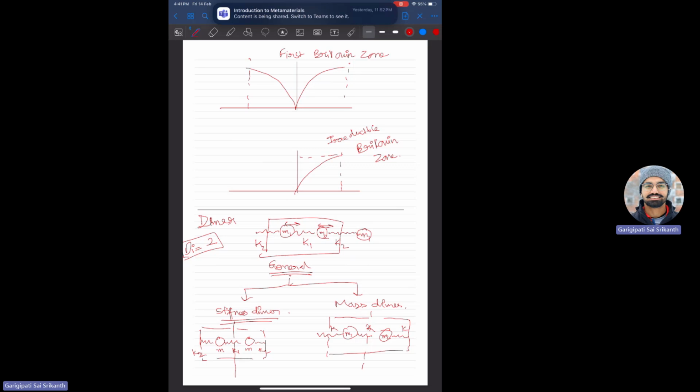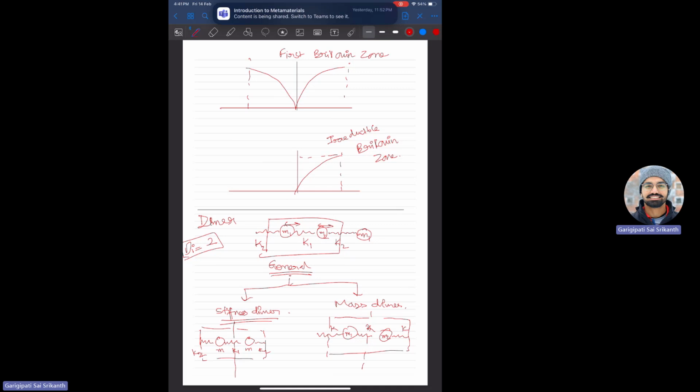And further, we say that there seems to be some mirror symmetry along this line. What that indicates is that waves propagating to the right and waves propagating to the left, they both behave the same. This is called reciprocal behavior.